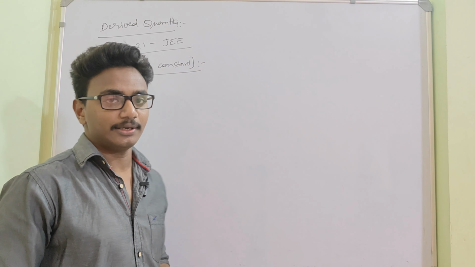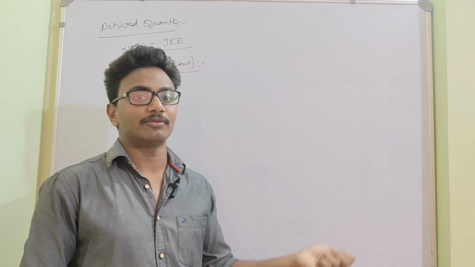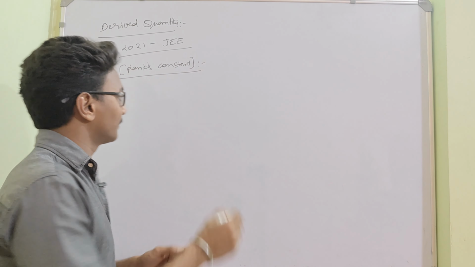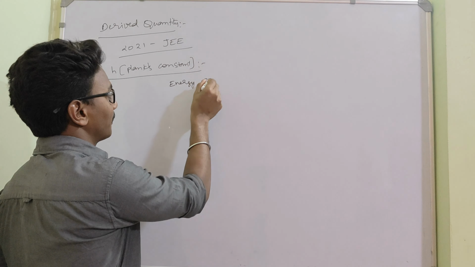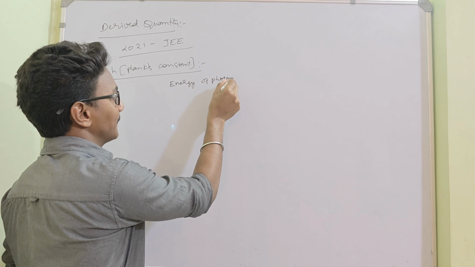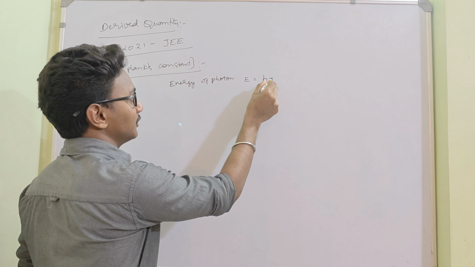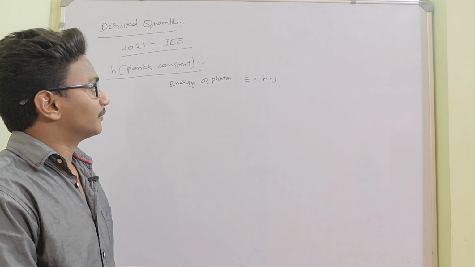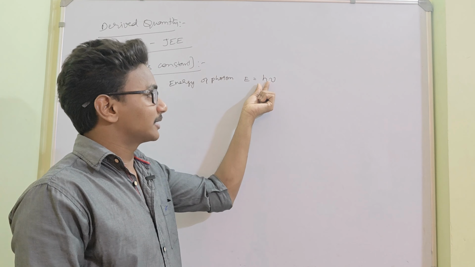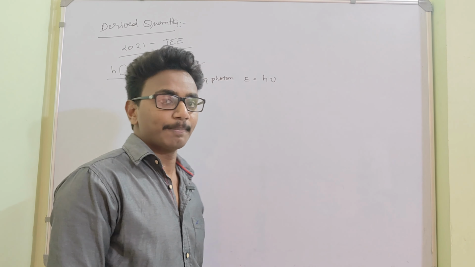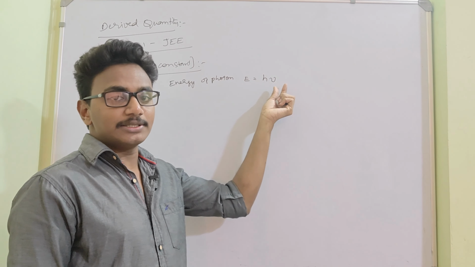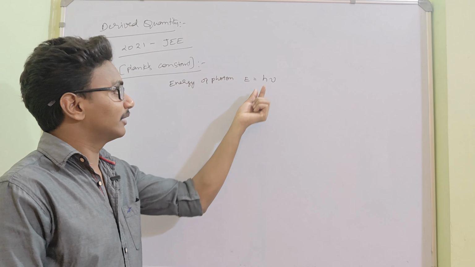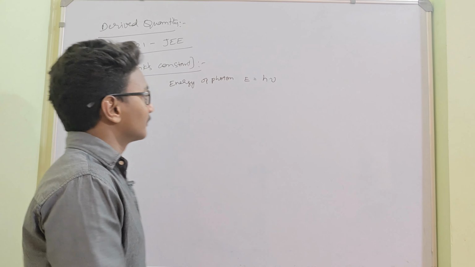H is included in so many formulas, but we need a simple formula, that is energy of photon: E equals h nu. Here E is energy, h is Planck's constant, nu is frequency. We need energy and frequency units so that we can find units of h.